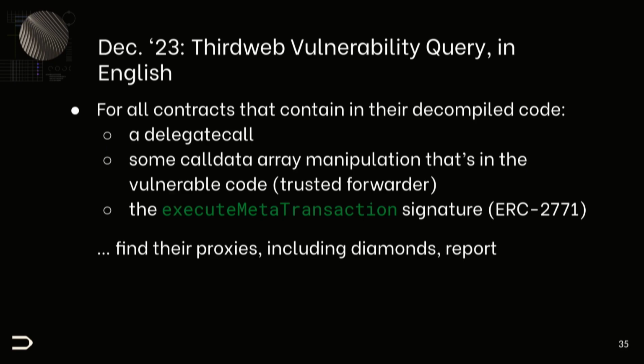Basically, again, the same pattern as what we did with the Ethereum Foundation studies. We ask ourselves, what are all the affected contracts out there? How did we do it in this case? Well, in English, it looks a bit like this.